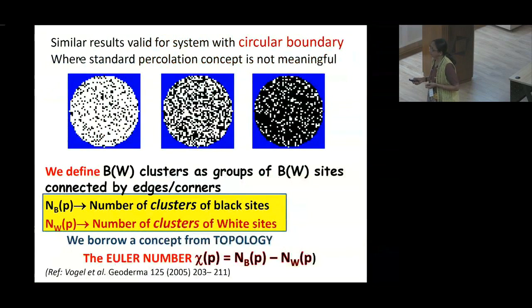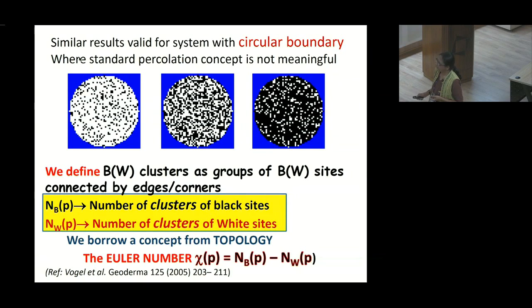And this is equally applicable for a system with a circular boundary. For the circular boundary, the question of percolation is not so relevant, but we can still think of this island to mainland transition.